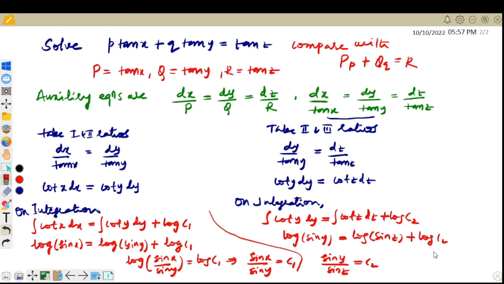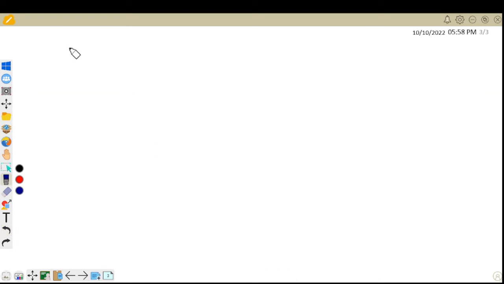Then sin y by sin z is equal to c2. So observe, students: u of x comma y comma z is equal to c1, and v of x comma y comma z is equal to c2. Therefore the solution is phi of u comma v is equal to 0, or u equal to f of v.